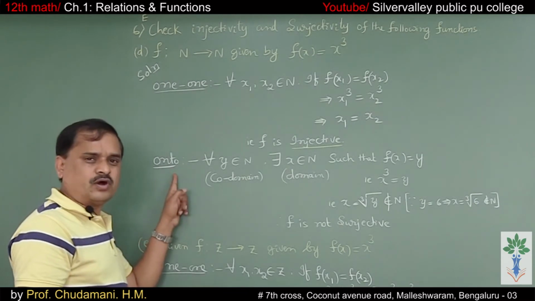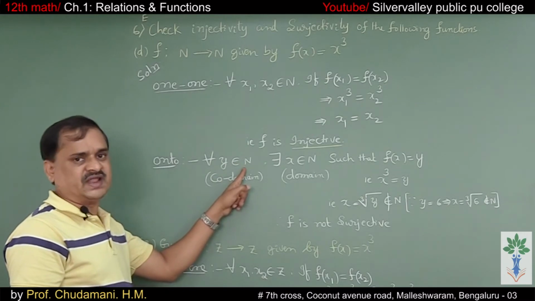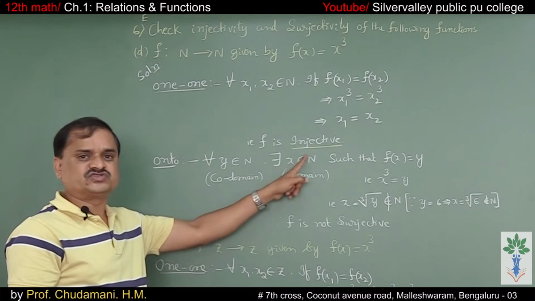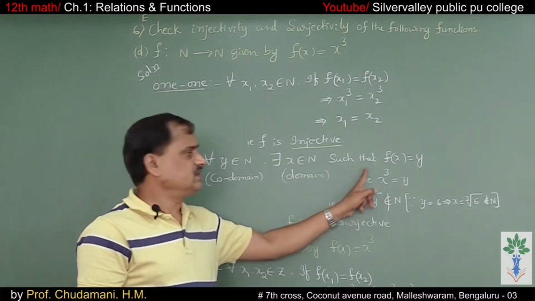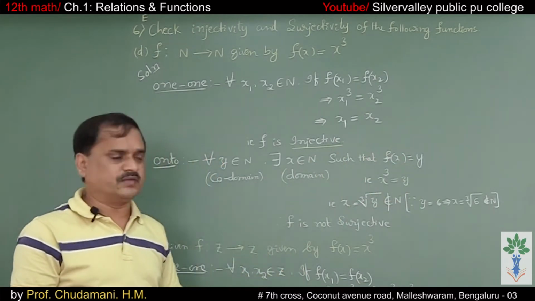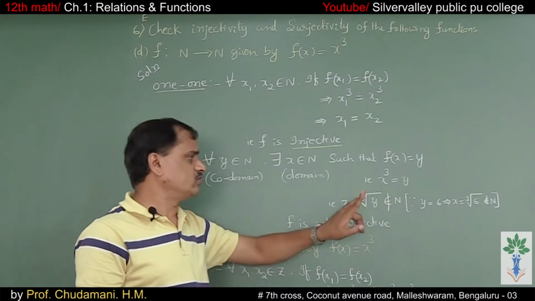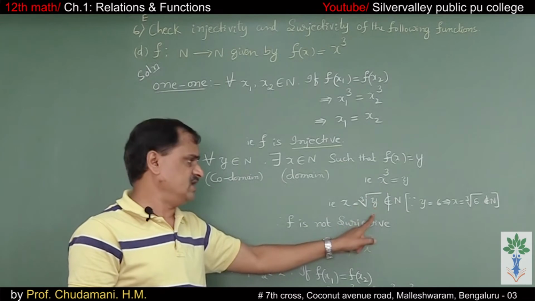Let us verify onto. For all y belonging to the set N, that is the codomain, there exists x belonging to the set of natural numbers, which is the domain, such that f of x is equal to y. f of x is what? x cube. x cube is equal to y means x is equal to cube root of y.